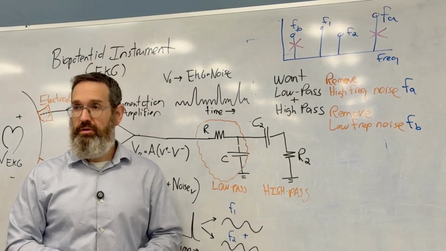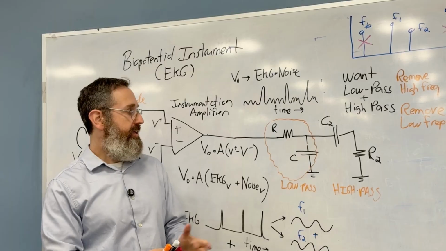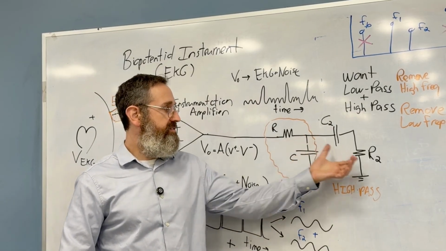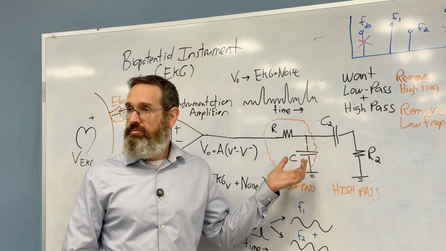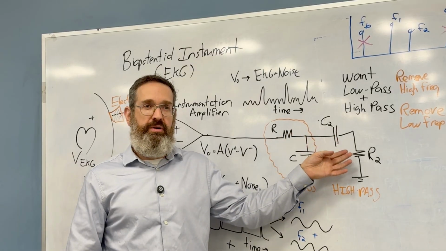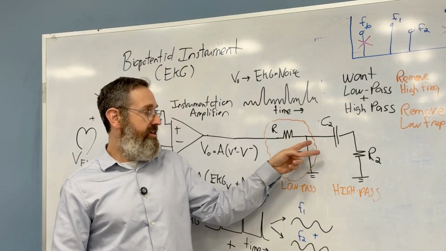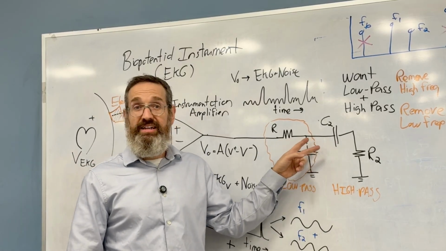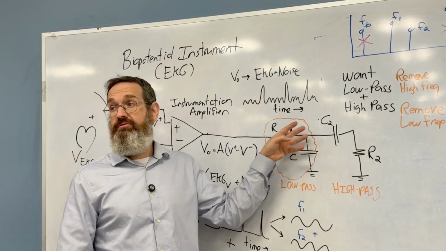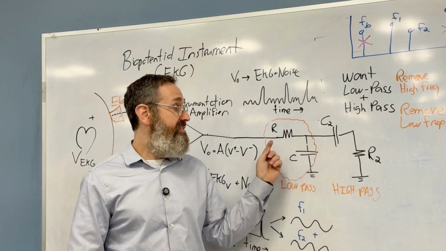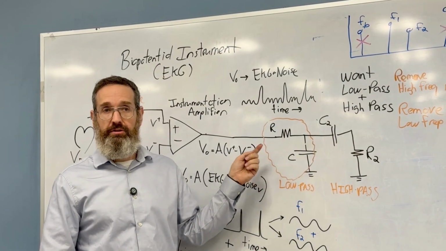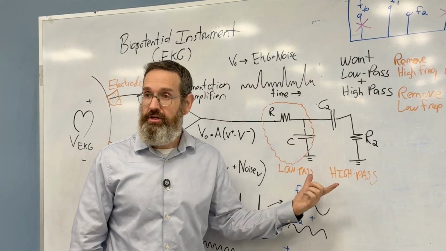But there's a problem here. You can't just stick things together. We talked before when we talked about voltage dividers, you can't take a voltage divider and then stick another voltage divider and think it's going to work like one voltage divider followed by another voltage divider. These things will start to interact with one another. So now you have a new circuit.